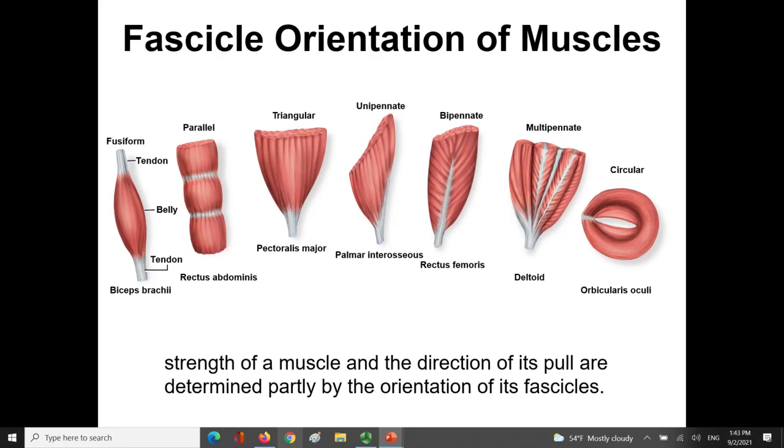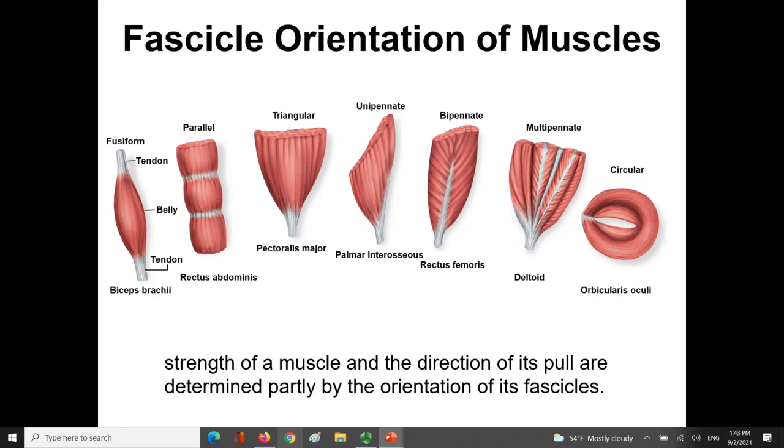All right, then depending on how these fascicles are oriented, that gives the muscle a certain way to work. So the strength of the muscle and the direction of its pull are determined by the orientation of its fascicles. And there are several different types. And as you look through the muscles of the body, you will start to be able to recognize which ones are parallel or triangular or circular. Okay?